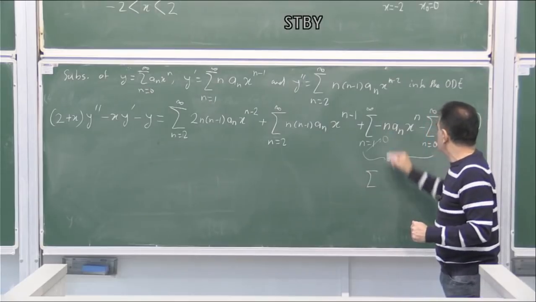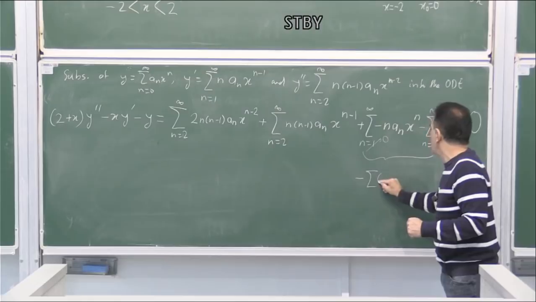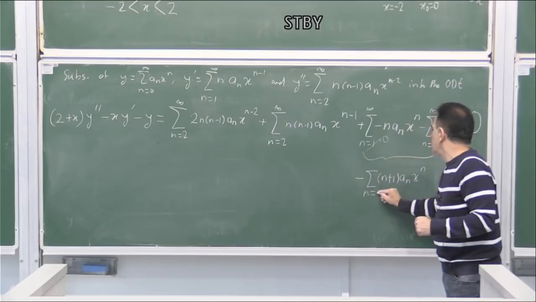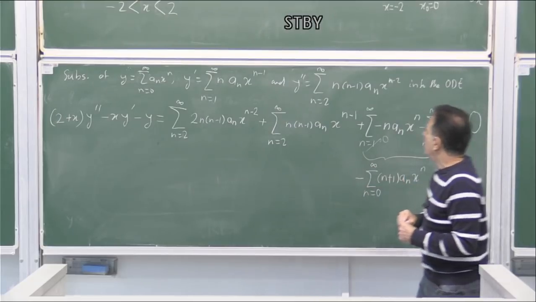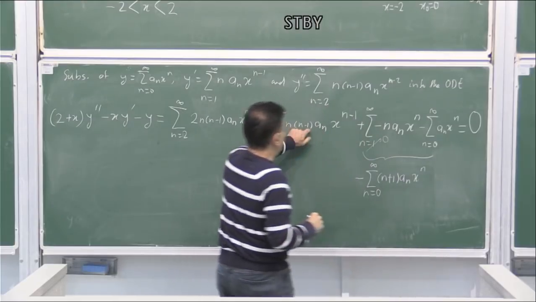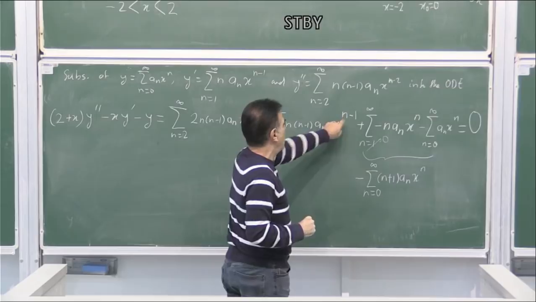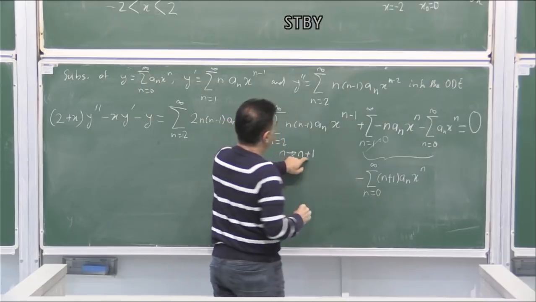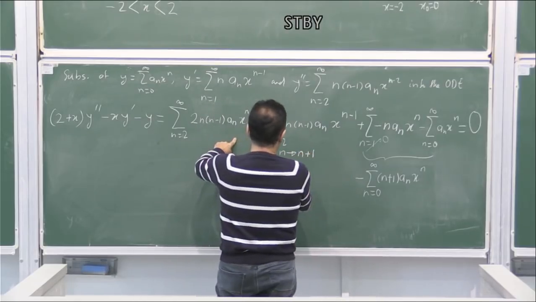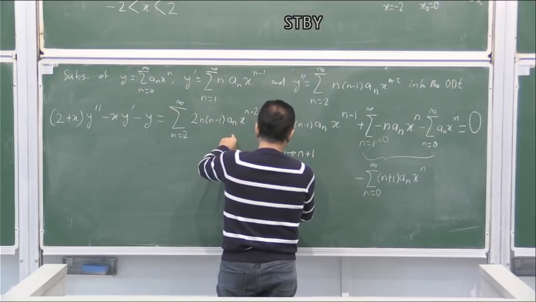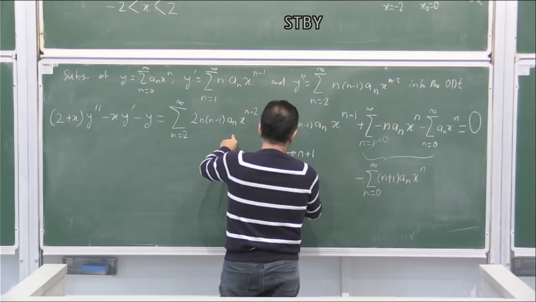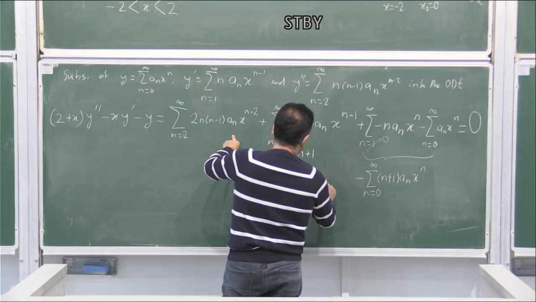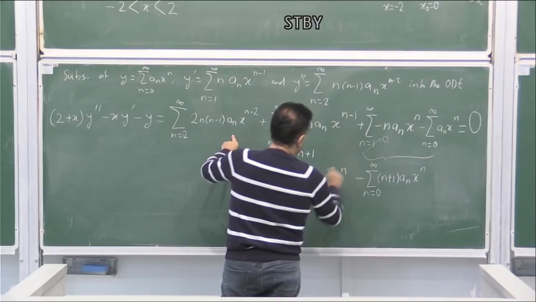So the 2 series is with a minus sign, n plus 1 an x to power n from 0 to infinity. And to write this series in terms of x to power n, I shift n to n plus 1. Therefore, the series will start from 1 up to infinity, n times n plus 1, an plus 1, x to power n. Okay?